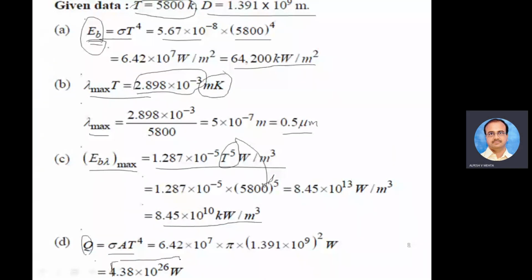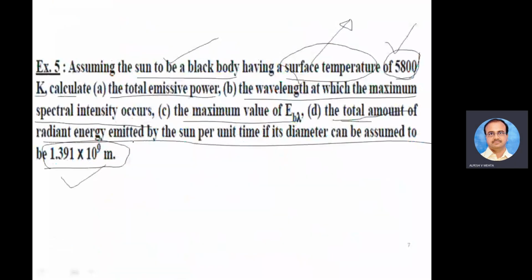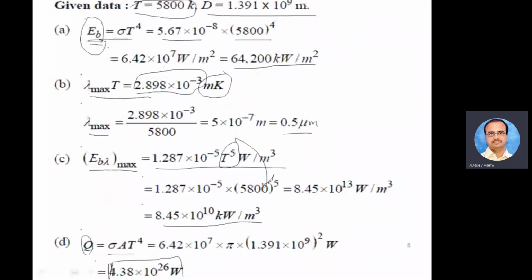So the total amount of radiant energy emitted by the sun per unit time is 4.38 into 10 power 26 watt. This is the amount of energy released by the sun, and that is falling on the earth.